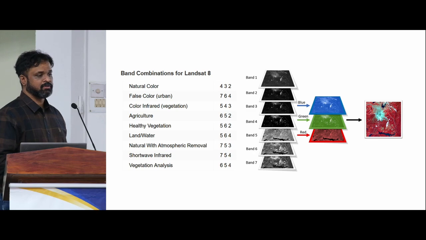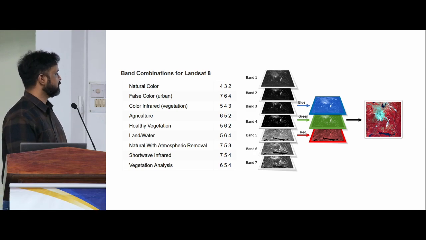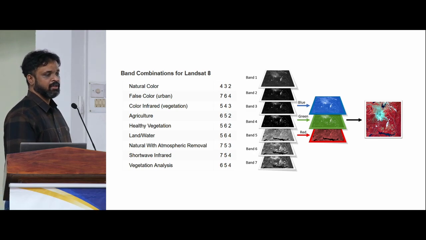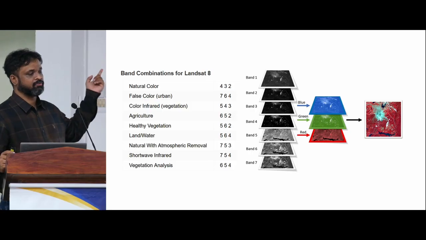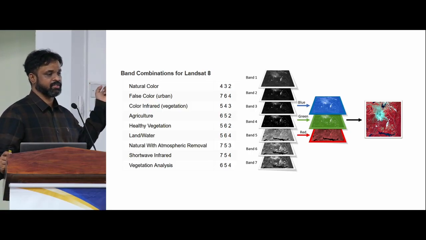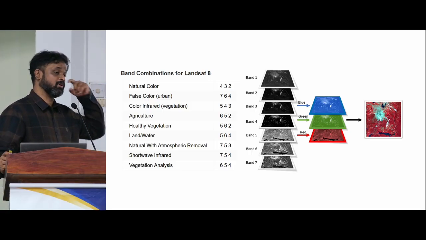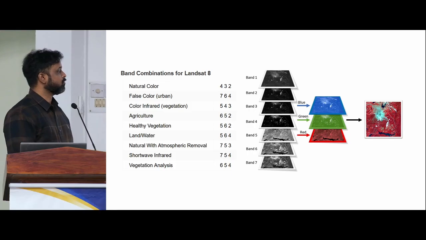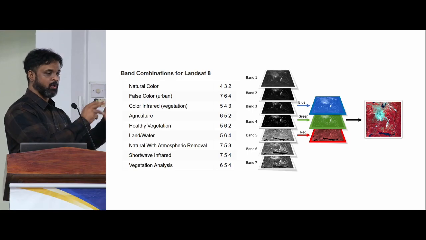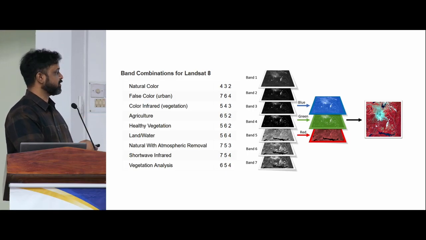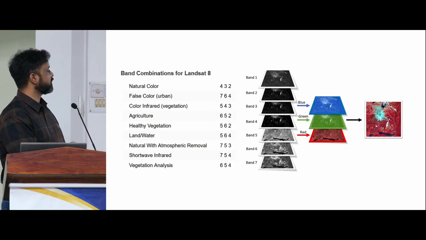But the thing about concrete is it can't hide this. It will reflect a lot of shortwave infrared radiation back out, which a plant will not do. So for camouflaged things like that, you can actually spot a city quite well from satellite information if you can do these false color ones.